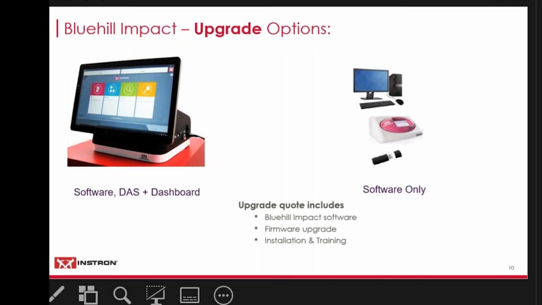Whatever upgrade path you choose, the upgrade quote that you receive will include the Bluehill software, firmware upgrades that will possibly need to take place to the DOS and/or tower. And it also will include installation and training. It will be included in the pricing.